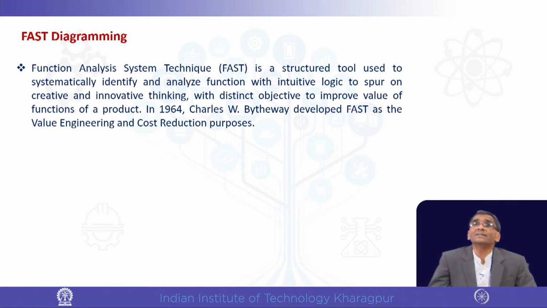The Function Analysis System Technique is a structured tool used to systematically identify and analyze functions with intuitive logic, in the sense of how something will be realized and why it is required. These are the two things, and as we move into this investigation, it will gain more clarity and be more precisely defined.